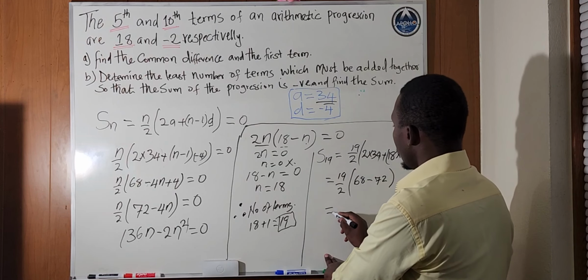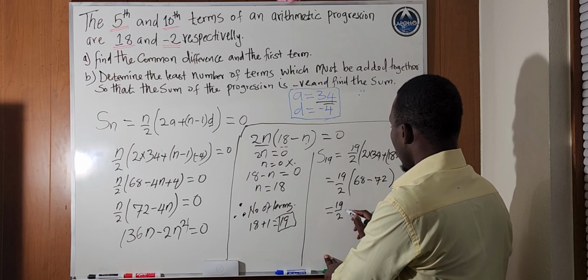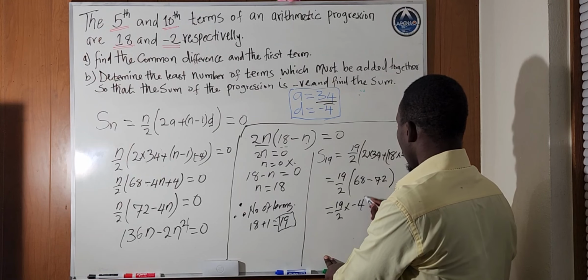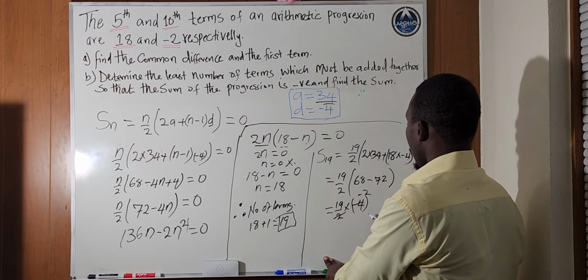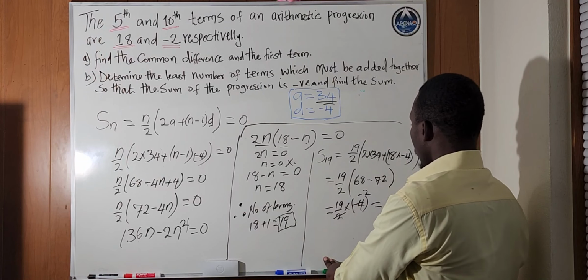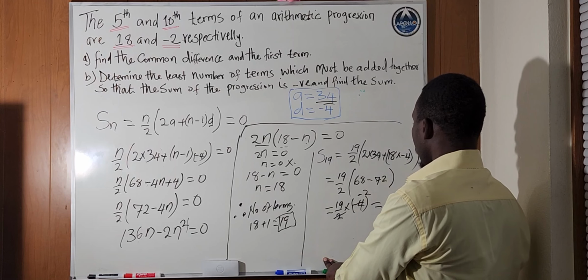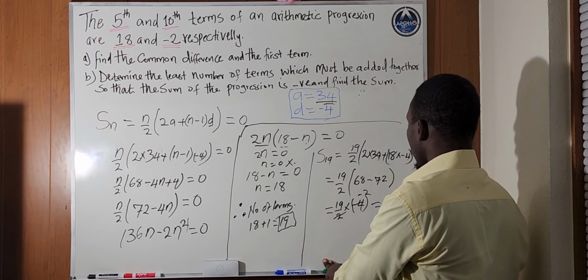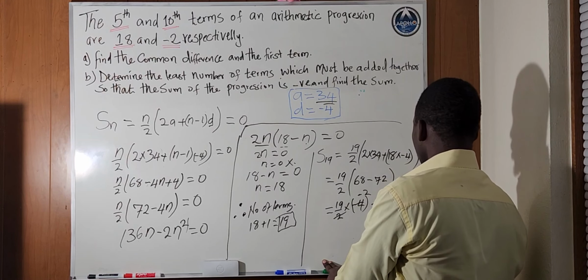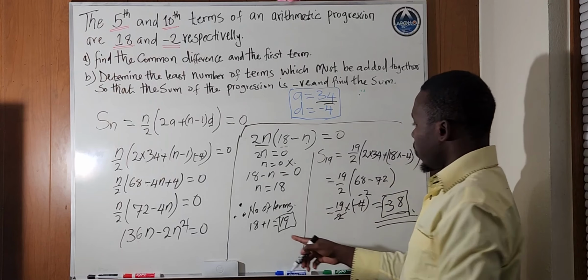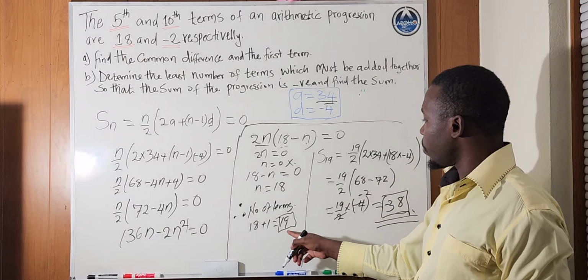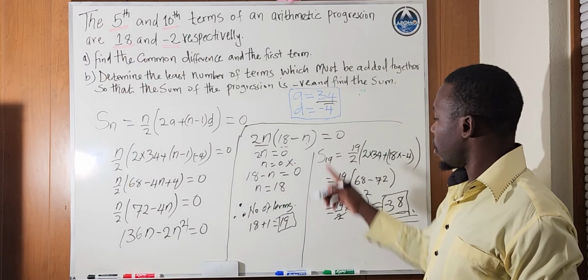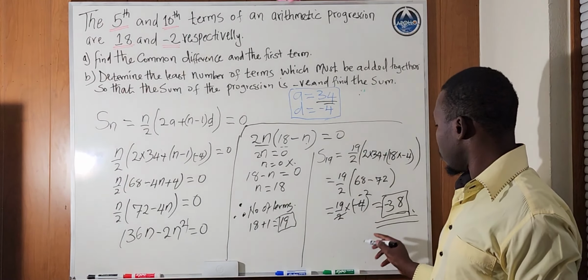So this will be 19 over 2 times minus 4. 2 will go here, giving minus 2, and this will be minus 38. So this is the sum of the 19 terms we found of this AP, arithmetic progression.